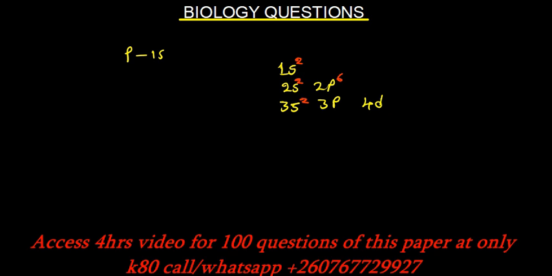So that is 6 plus 6, we have 12. Let me add one more: 4s, then 4p, 4d. Then how many are remaining now? So we have 2, 4, 6 plus 6, 12. So from 15 we have 3, like that.